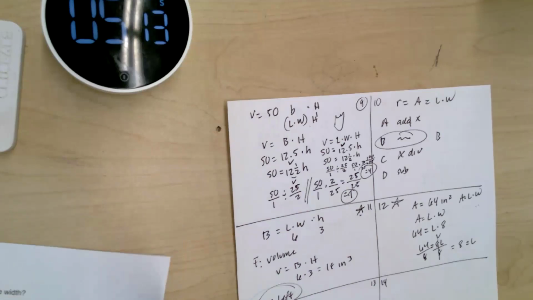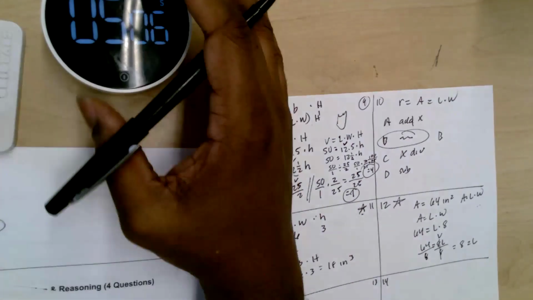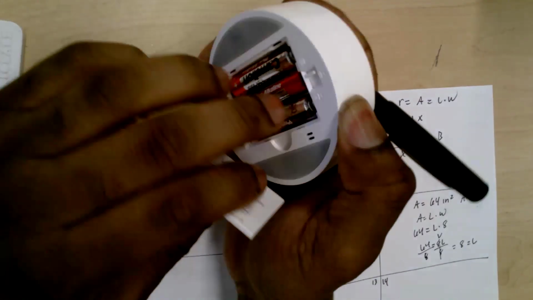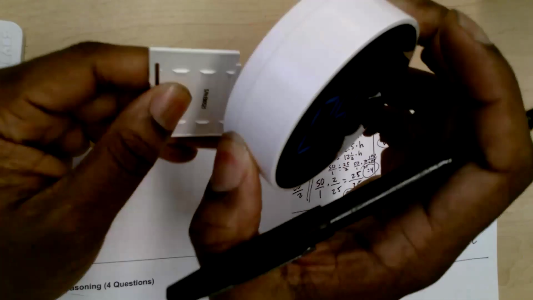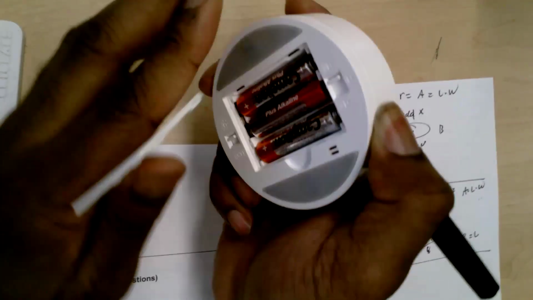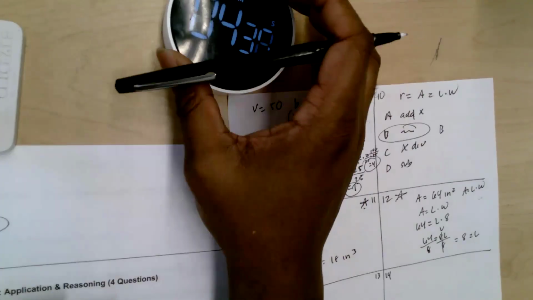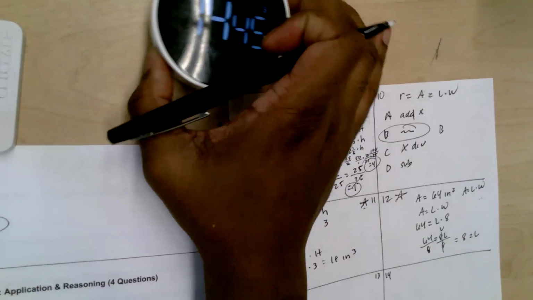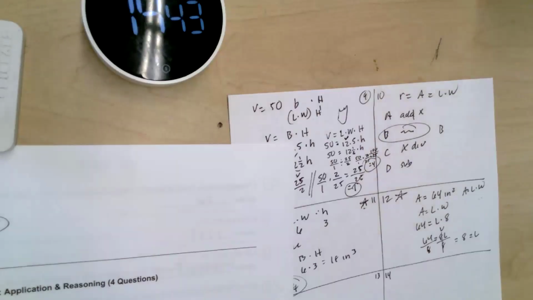For part 2 has questions 13 through 16. Well, 14 minutes now because I'm wasting time. All right, let's get to work.